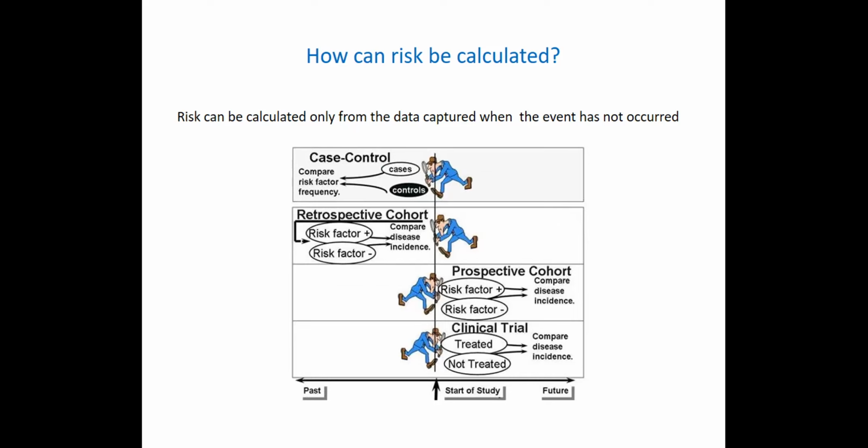You ask both groups the same question: have you ever used OCP, how often, and for how long? If OCP was responsible for their problem, more of the people that developed the disease would have been exposed to it.